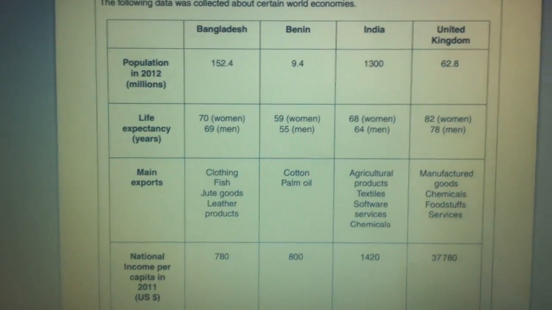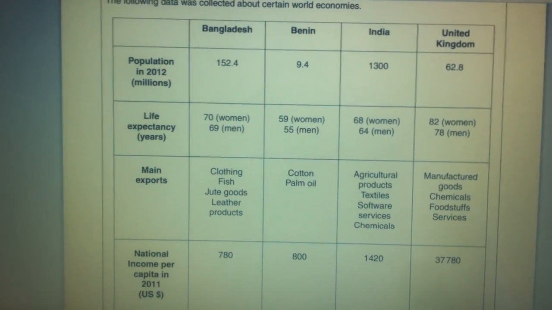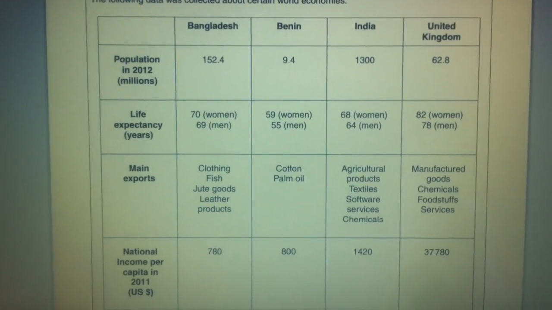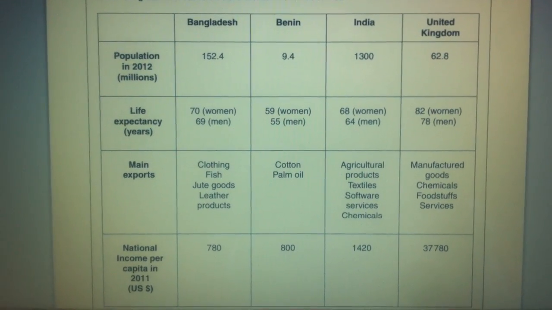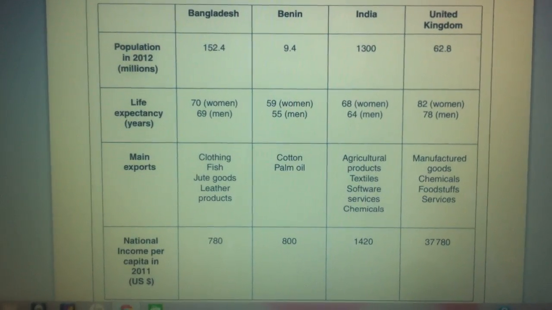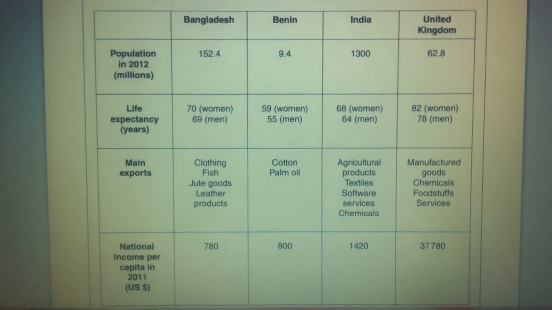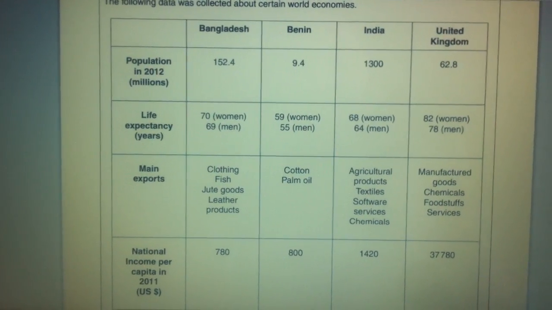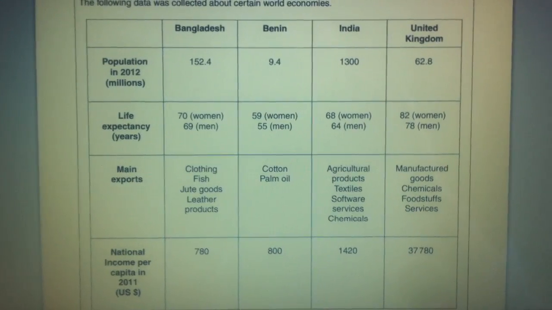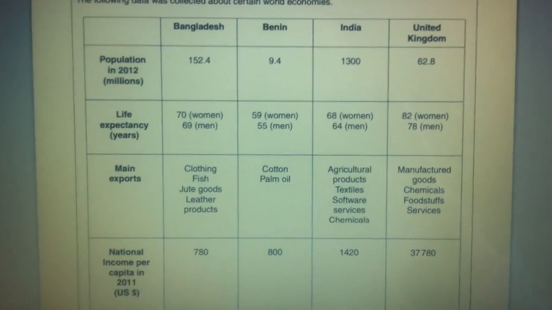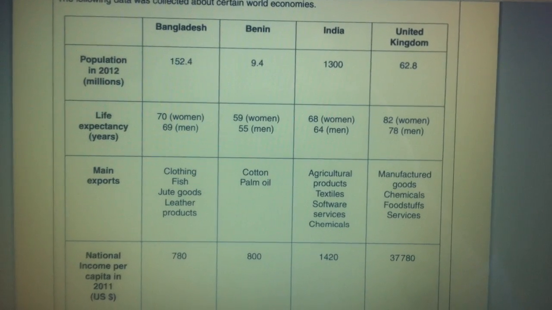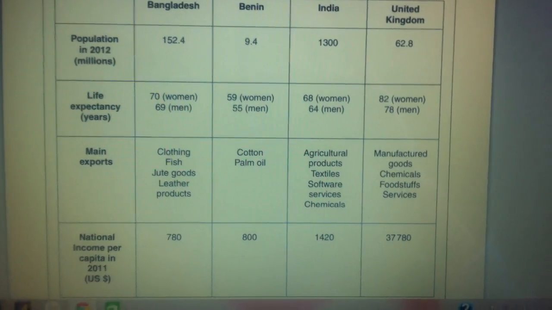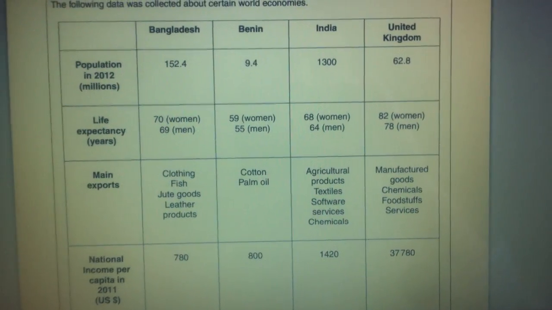The secondary sector is then processing those basic raw materials, so that would be your manufacturing, and then the tertiary sector is the selling on of those in the service sector. So obviously we can see here that the developed economy, the United Kingdom, has the specialism in the secondary and tertiary sectors, the more advanced sectors, and the other countries tend to focus on and have what's known as their comparative advantage in the primary sector.